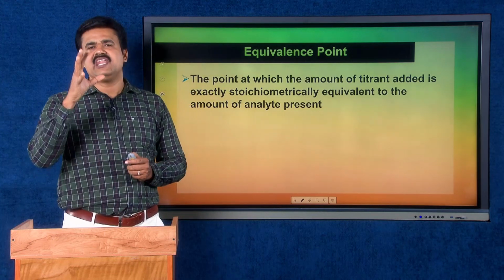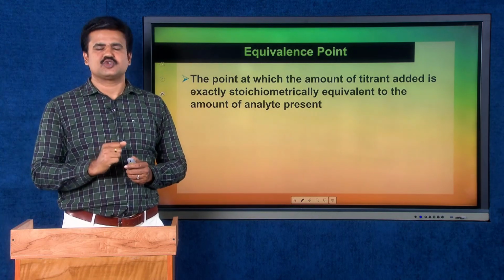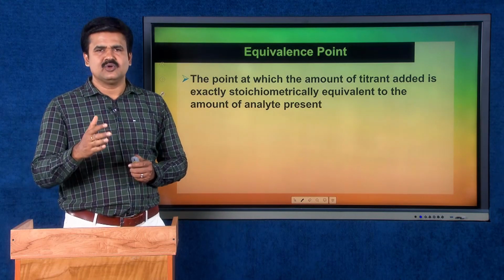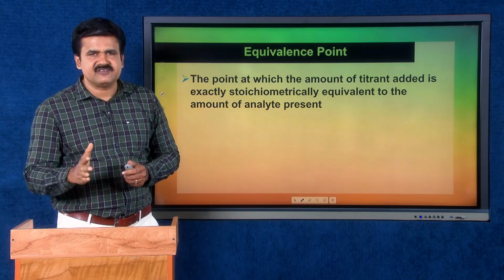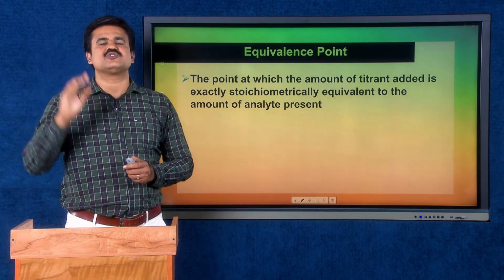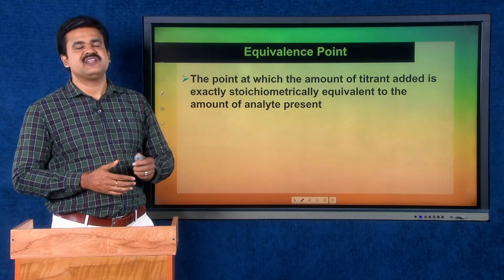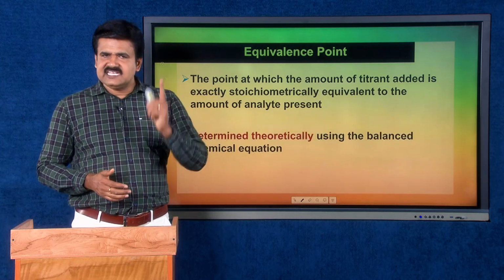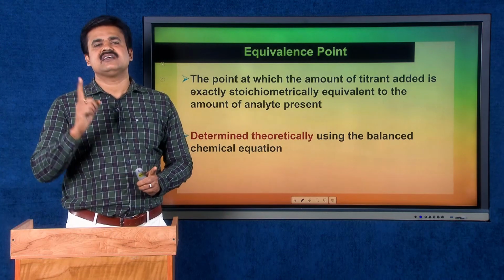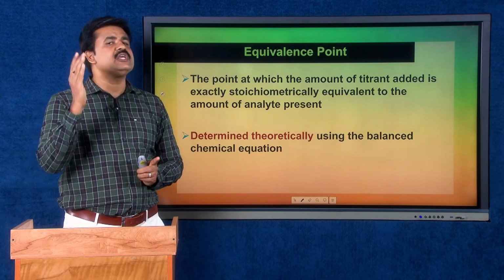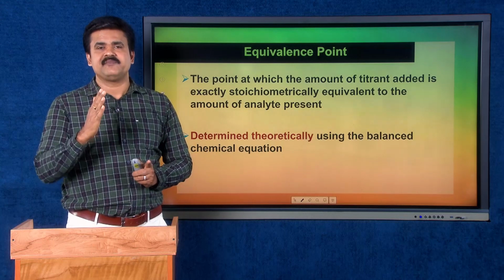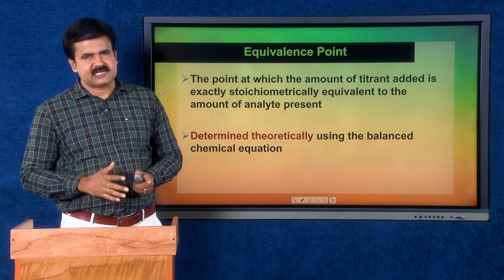That is, the number of milliequivalents of analyte should be the same as the number of milliequivalents of the titrant. This equivalence point can be determined theoretically using the balanced chemical equation. So, equivalence point is a theoretical quantity.